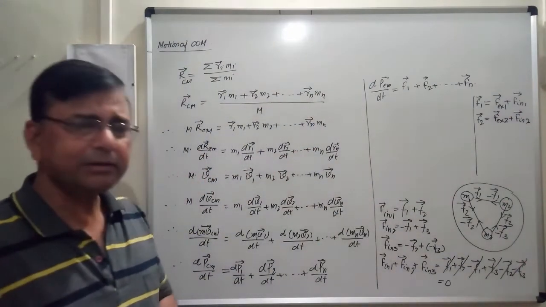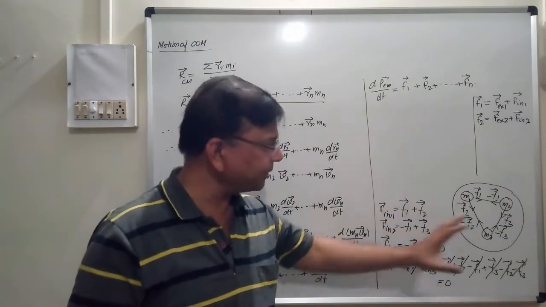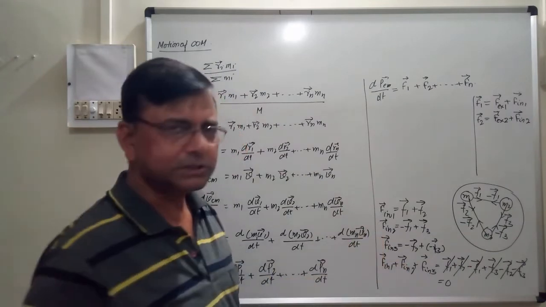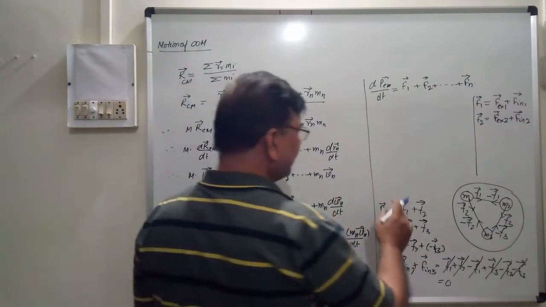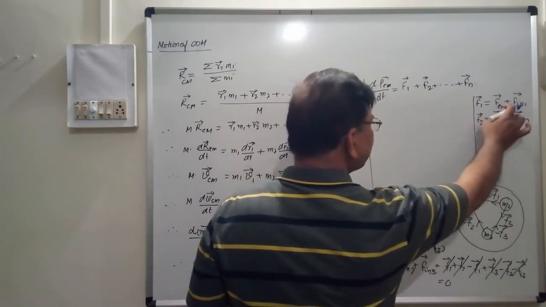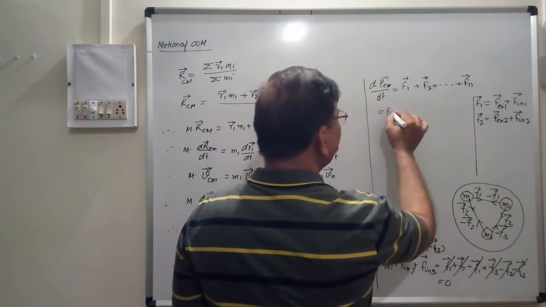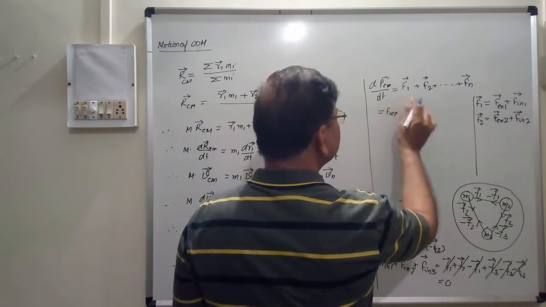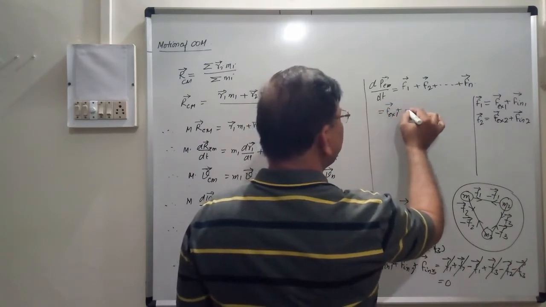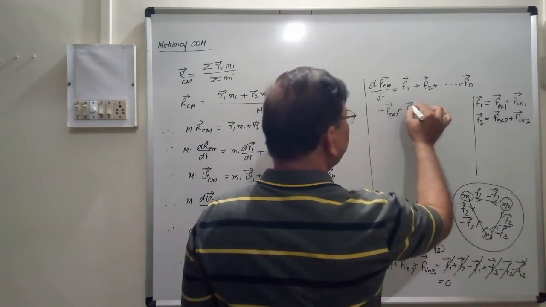So the sum of all the net forces acting on the individual particles, that is the internal forces, will always be 0. Here, F1, F2, F3, up to Fn are all external plus internal. So we can write F external 1 plus F internal 1.